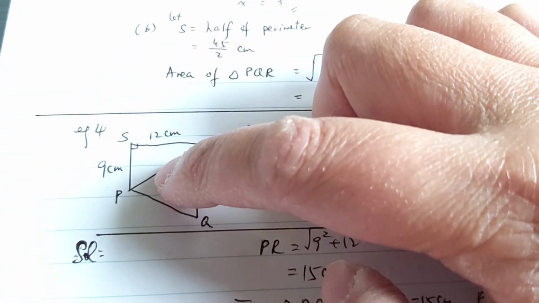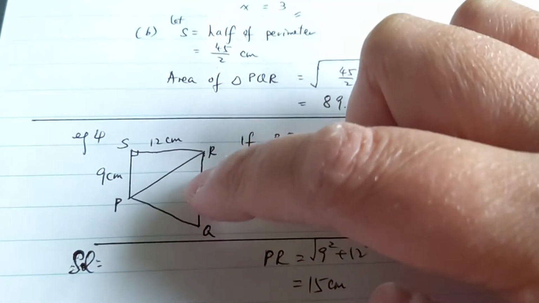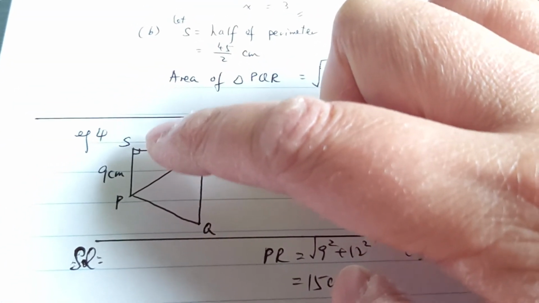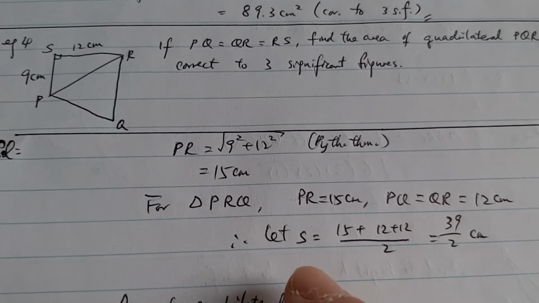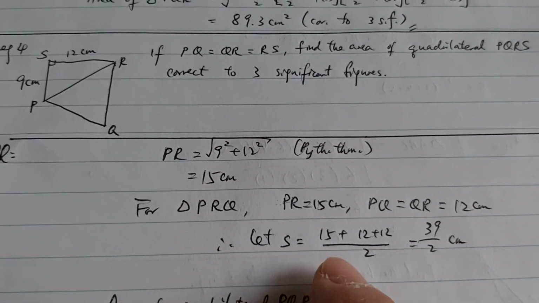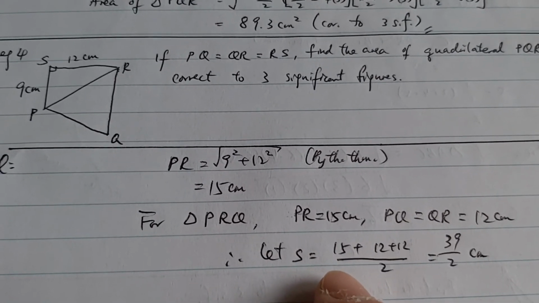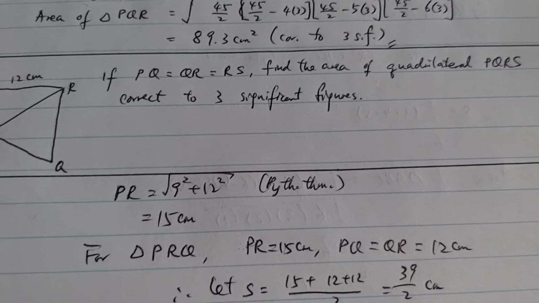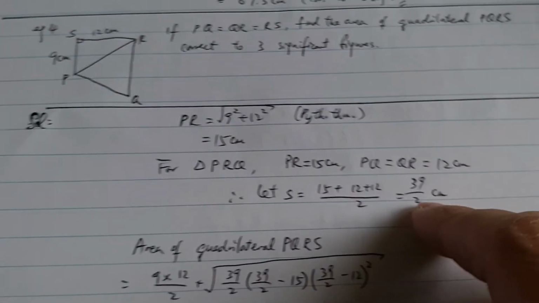So now you know this side, that means in triangle PQR all the sides are known, and the area of this triangle is very easy to find. Again, we need to use Heron's formula. We need to first find the value of s. For triangle PQR, s, half of the perimeter, is the sum of all the sides over 2, which is 39 over 2 cm.